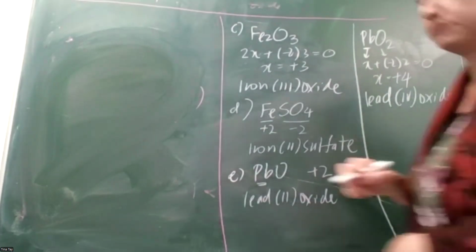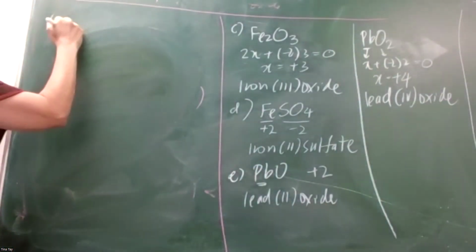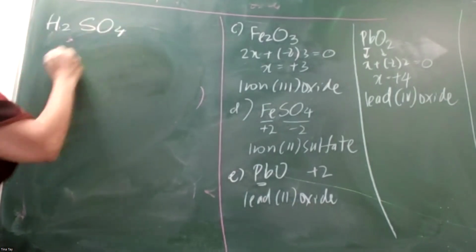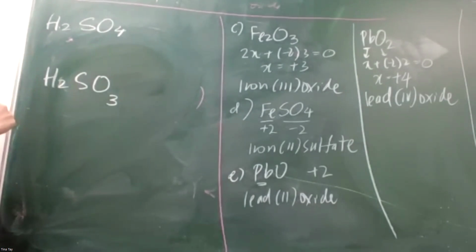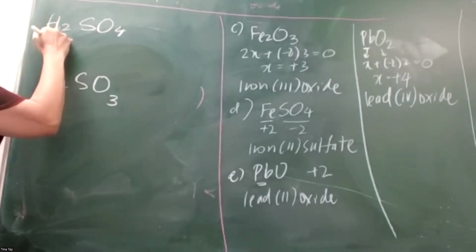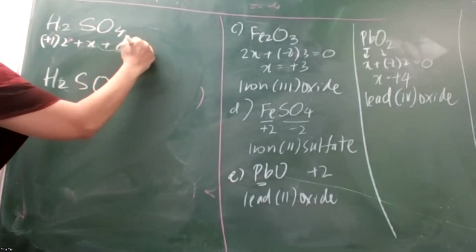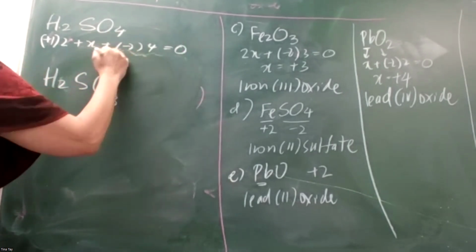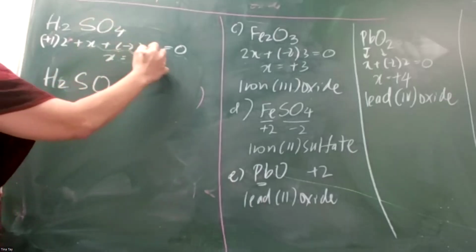Okay. Yes. So it's H2SO4 and H2SO3. Okay? So positive 1 times 2 plus x plus negative 2 times 4, so x equals positive 6.